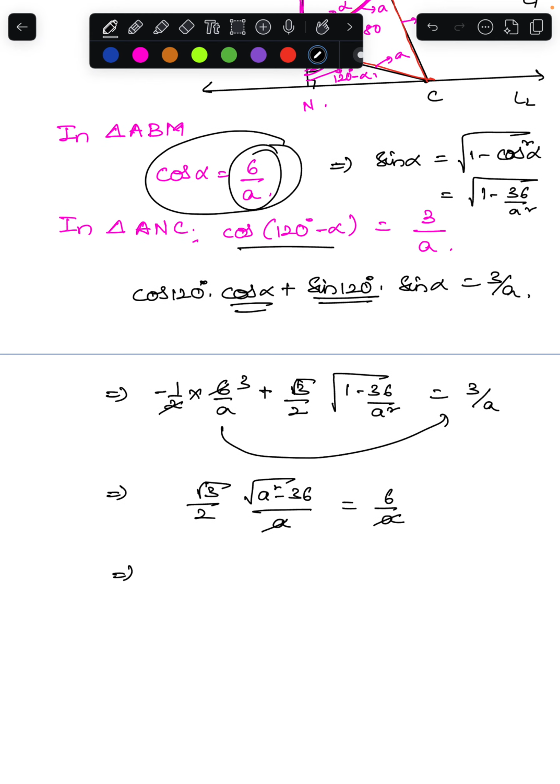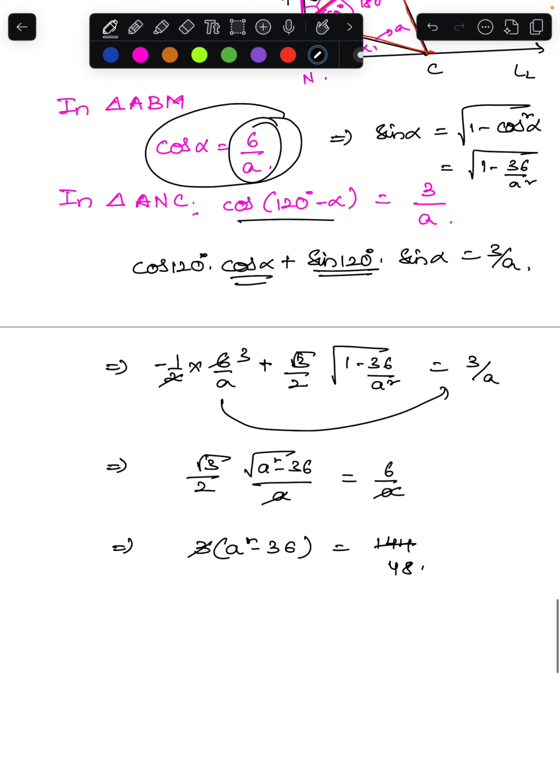So root 3 times root of a square minus 36 equals 12, squaring gives 3 times a square minus 36 equals 144, so a square minus 36 equals 48. So a square equals 36 plus 48, you will get 84. So a square is 84.